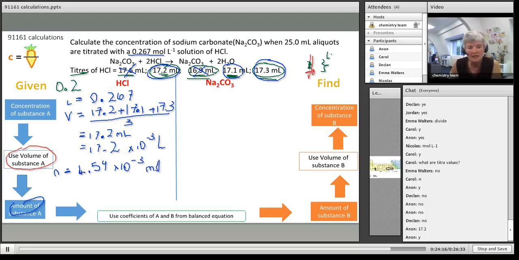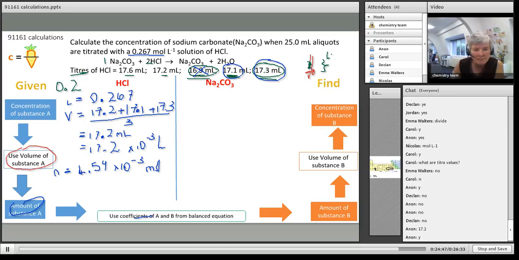So now we need to have the mole ratio. One sodium carbonate is equivalent to 2 HCl.